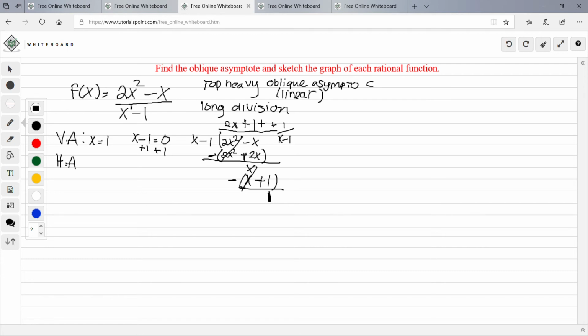We only care about the linear function, 2x plus 1. So our asymptote is y equals 2x plus 1. Good. So now we can graph it.